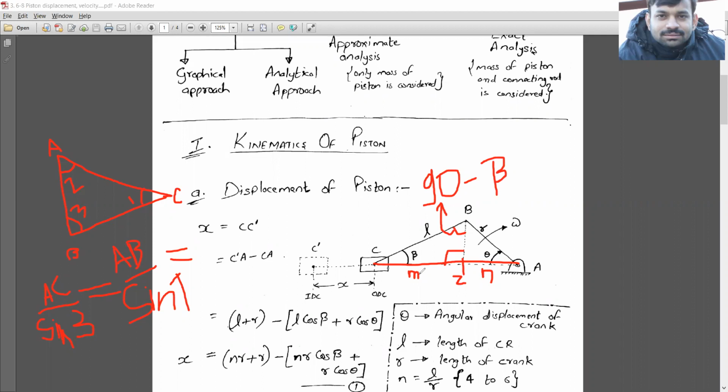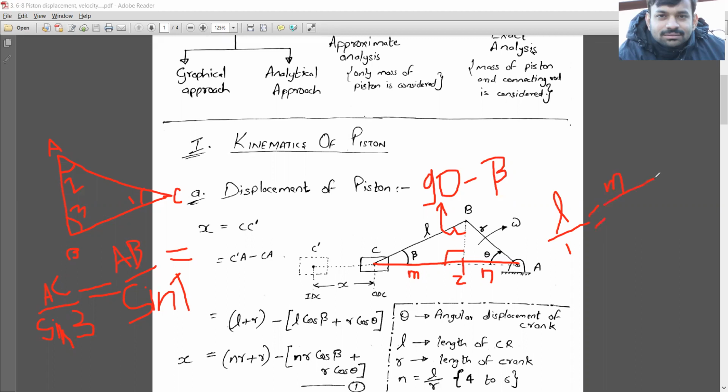So I can use the sine law over here. L upon sine 90, and sine 90 is 1, equals M upon sine of this angle, 90 minus beta.